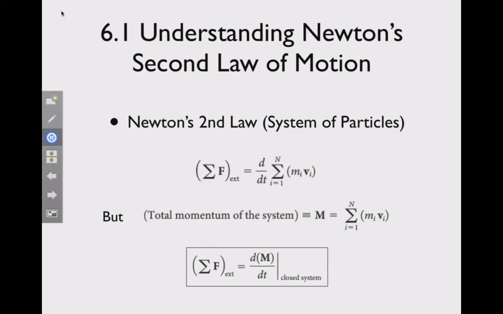The total momentum of the system is defined as capital M, the sum of the individual momentums of all the different fluid particles in our fluid or body under consideration. And therefore we can write the sum of all external forces as equal to the time rate of change of the momentum. That is also in a closed system; we're not allowing mass to go in or out.